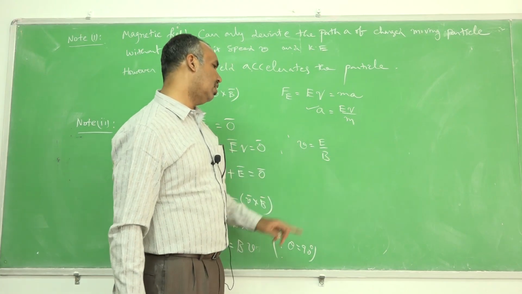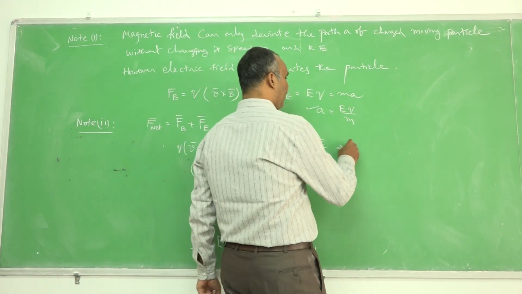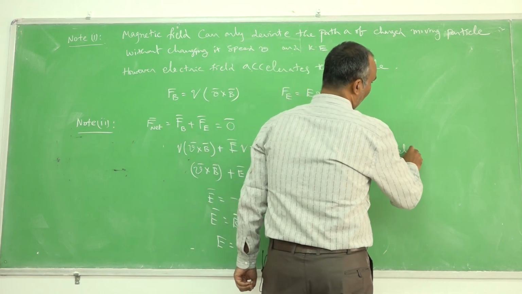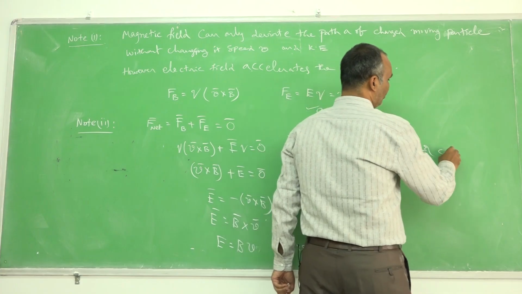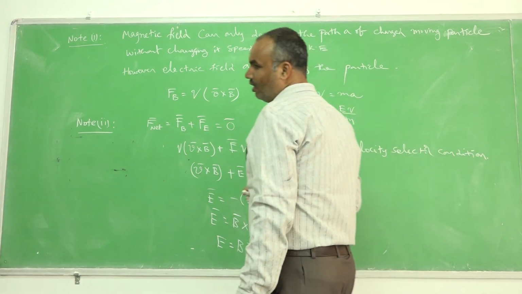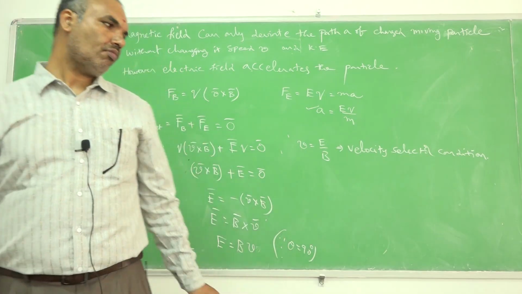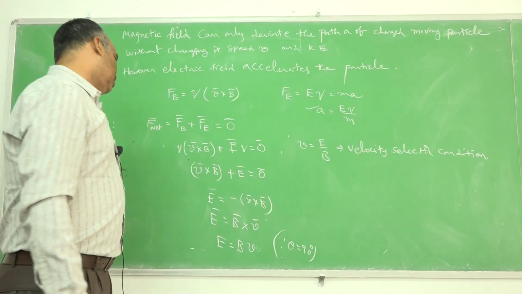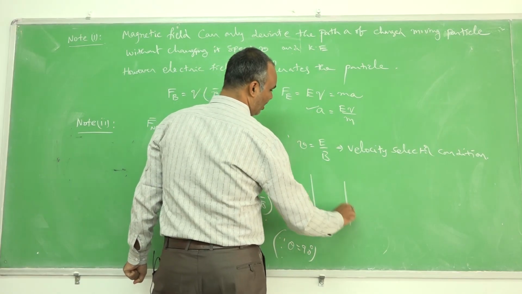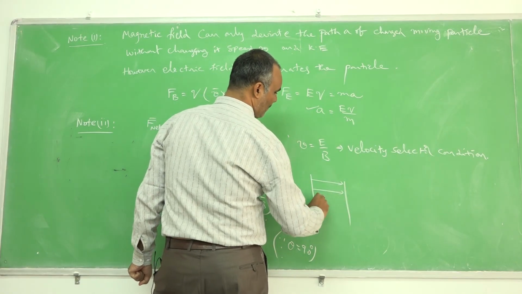This condition is called velocity selector condition. So, suppose electric field is like this.